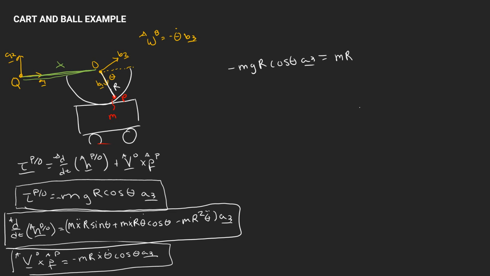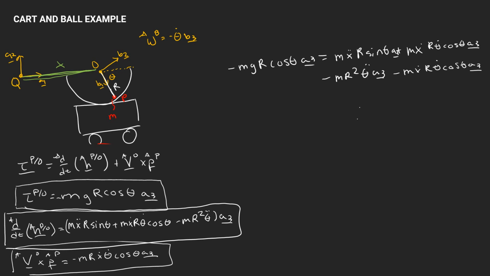So we have m x double dot r sine theta a3, plus m x dot r theta dot cosine theta a3, minus m r squared theta double dot a3, and then we have our cross product term, which is negative m x dot r theta dot cosine theta a3.